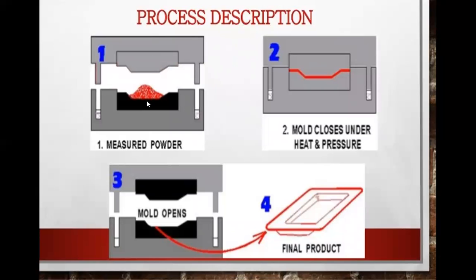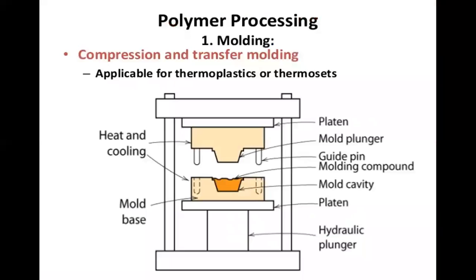Between these two molds, the plastic material should be taken in the powdered form, and by applying heat and pressure, the upper mold should come closer to the lower mold, and it should be pressed with the help of a guide pin.